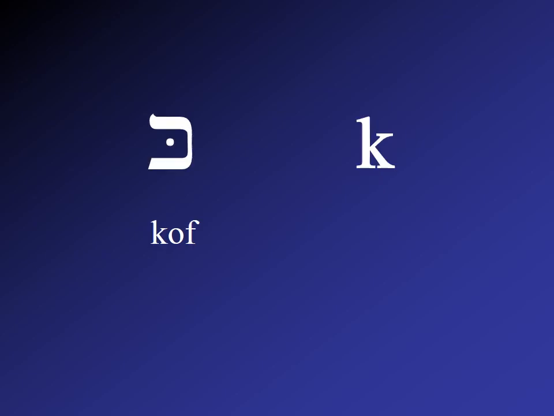The next letter is a kaf. It sounds like the English letter K, kaf. You'll notice that on both the top and the bottom, you have a round stroke between the horizontal and the vertical. No tittles in this letter.